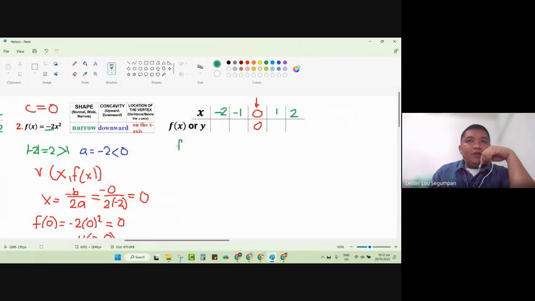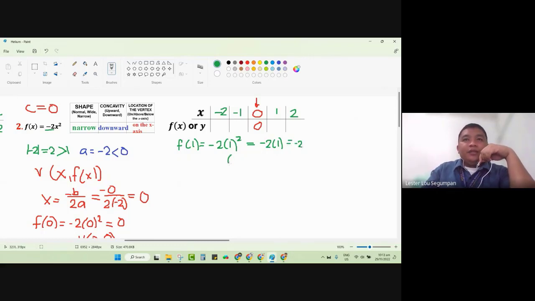So f of 1 is equal to negative 2 times 1 squared. Using the correct use of PEMDAS, that's negative 2 times 1, which will give you negative 2.